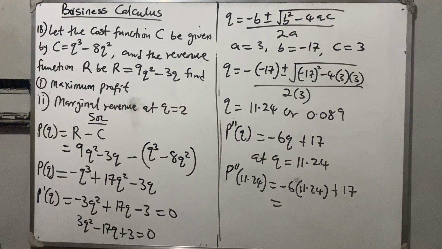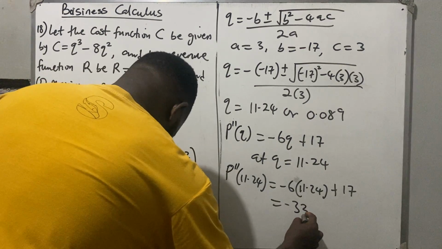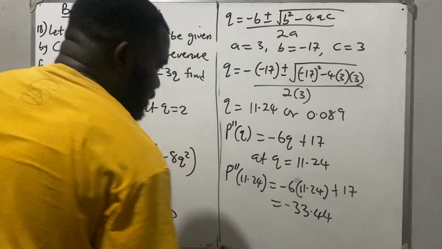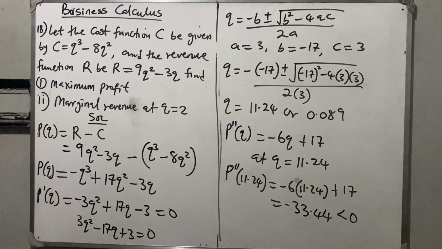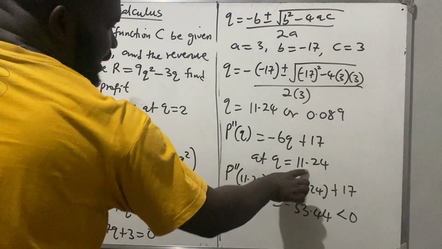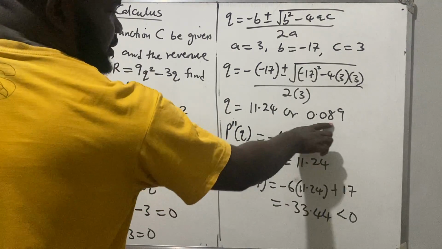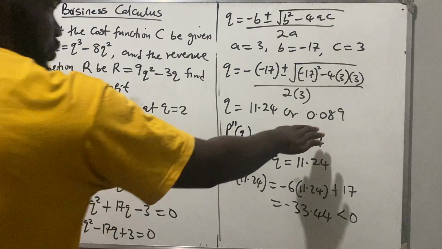If you do that, you have minus 33.44. And this is less than 0. I told you that less than 0 means maximum, and they are asking us for the maximum. So this is the only one that can give us the maximum point. If you like, you can test the other one to check if it is maximum or minimum, but I know it is going to be minimum.